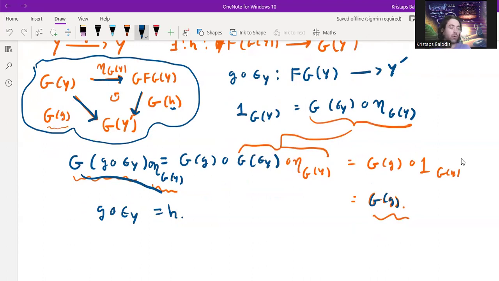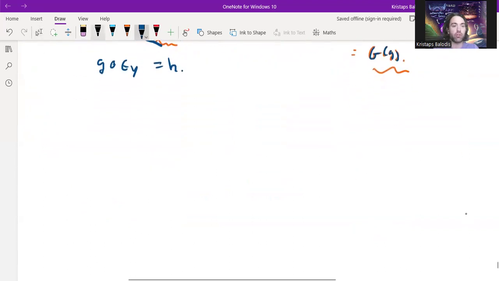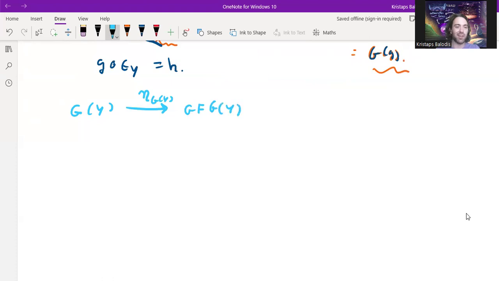For the other, we're going to use the fact that eta is a natural transformation. So because eta is a natural transformation, we get the following diagram. Just bear with me for a second. So this is eta sub G sub y, F G, G F G y. Here I've got G of G going to G y prime.